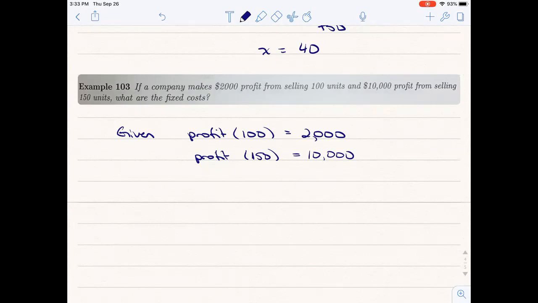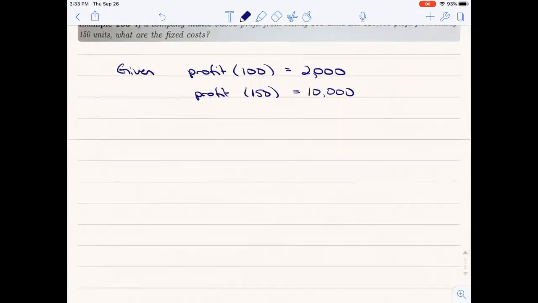So what we can do is, even though we don't know the components necessarily of the profit function, we can still set them up and look at them and see if we can solve the system of equations. Because this is going to be a system of equations. We're just solving for one thing, though, the fixed costs.